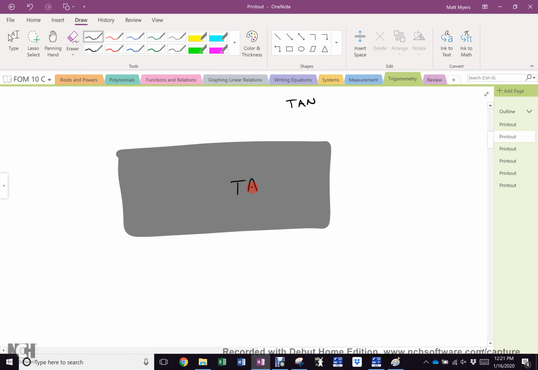If your calculator wrote the word tan on the screen, just sit quietly and do nothing. If your calculator didn't write tan on the screen, put your hand up right now. Okay. If your calculator does not write the word tan on the screen, you must do all calculations in this unit backwards from the way they are written. Okay, I'm going to show you right now. I'm just giving you fair warning.